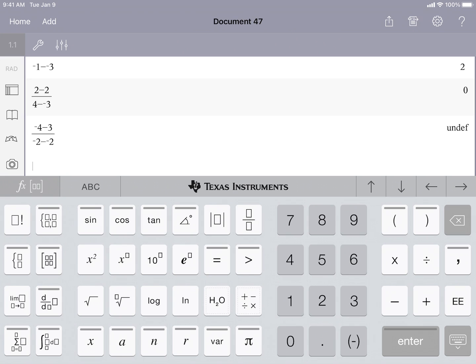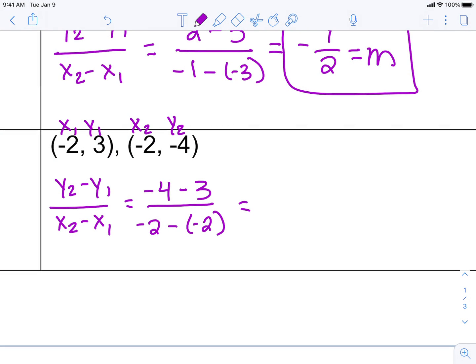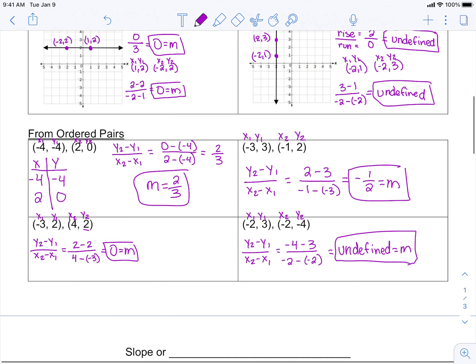When we do that, we get undefined. And remember, that's that vertical line that we saw. So our slope is undefined, which means it's that vertical line going up and down. So that's what it looks like from an ordered pair.